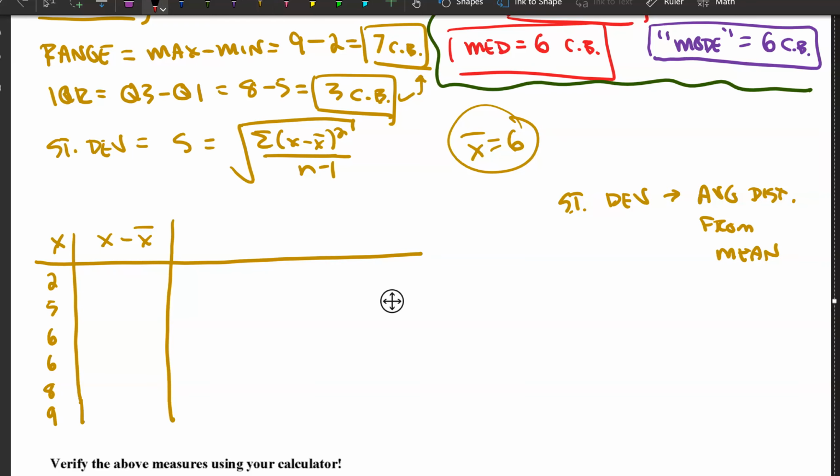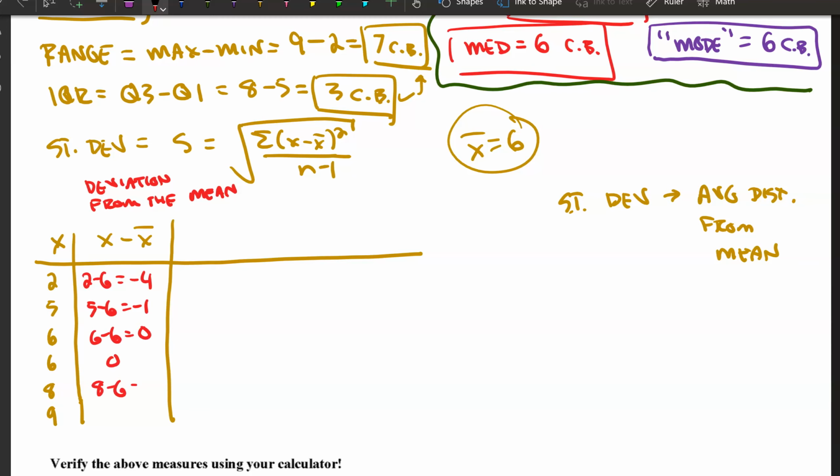This is called the deviation from the mean. Deviation, distance from the mean. That's what it's called in stats. So I'm going to take 2 minus 6 to give me a negative 4, 5 minus 6 to give me a negative 1, 6 minus 6 to give me 0, 0, 8 minus 6 for 2, and 3.